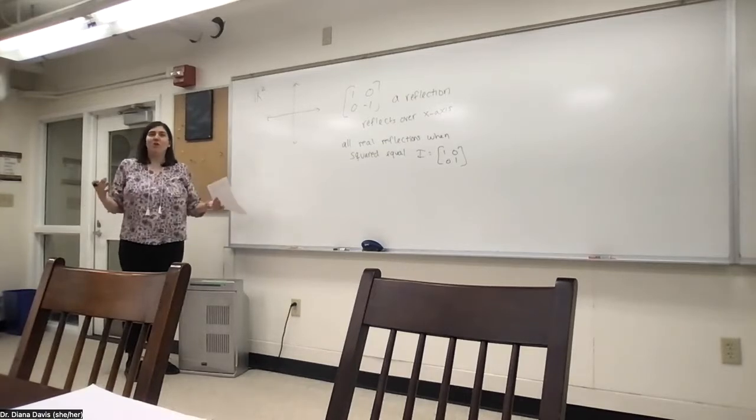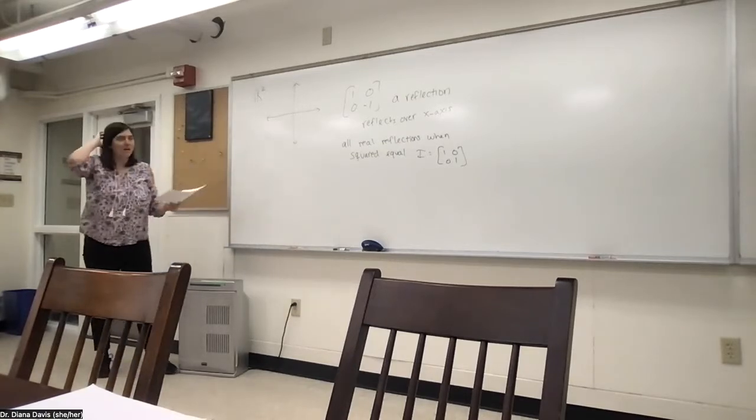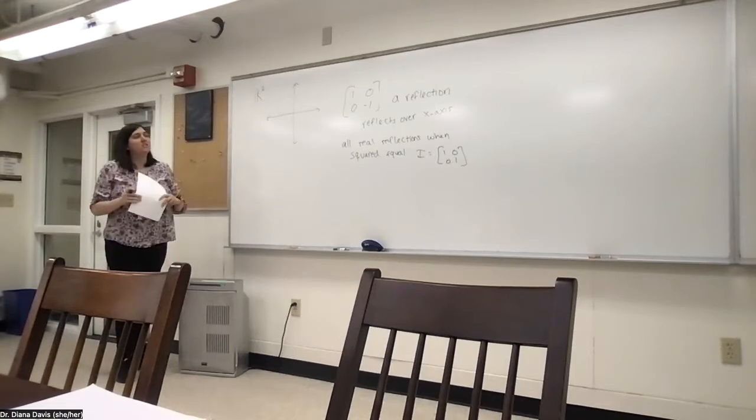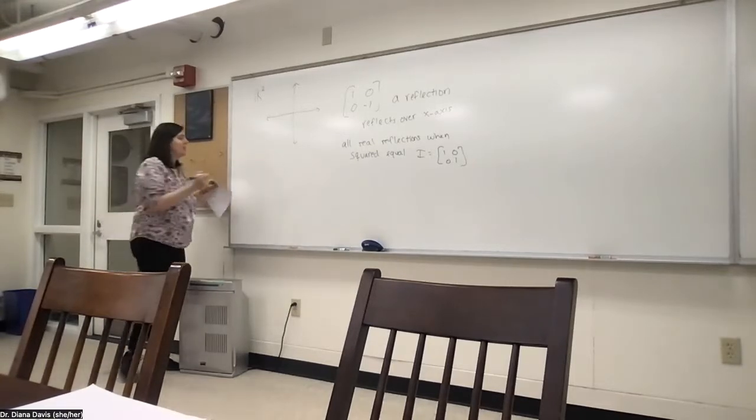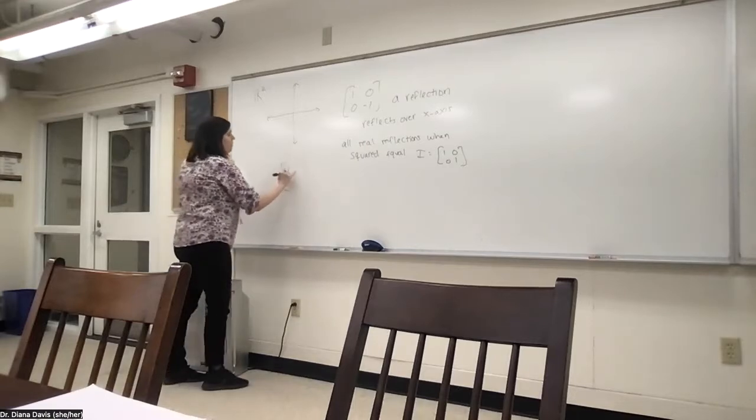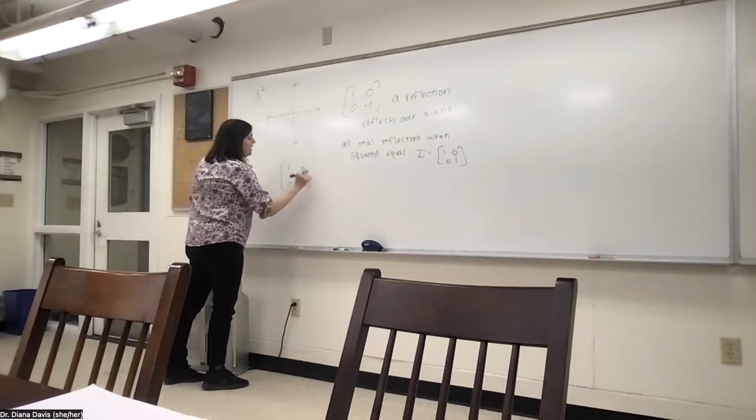And you might think, well, what about complex numbers, right? And so there are more than just order 2 reflections in the complexes. You could have, say, [1, 0; 0, omega].